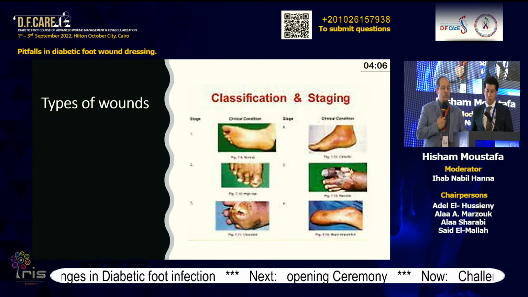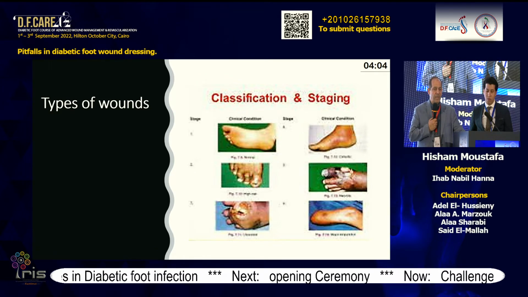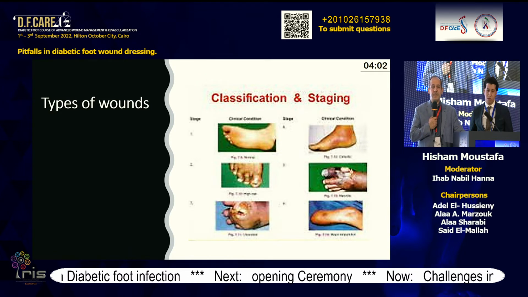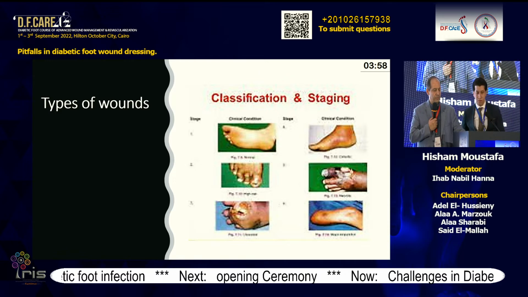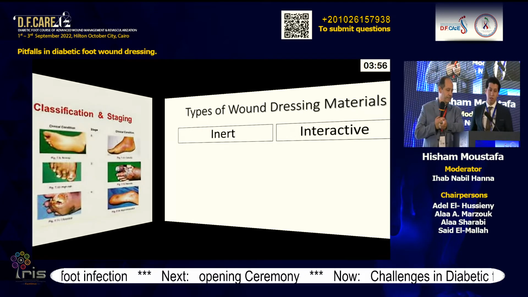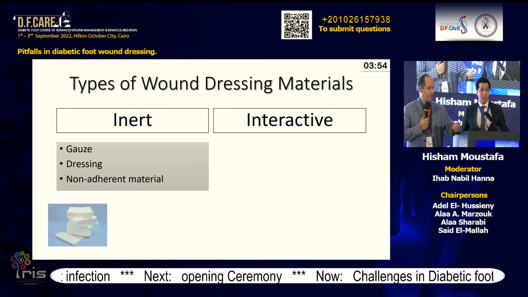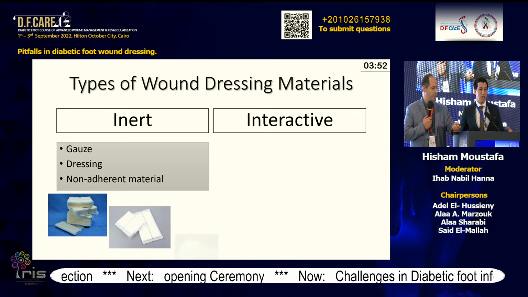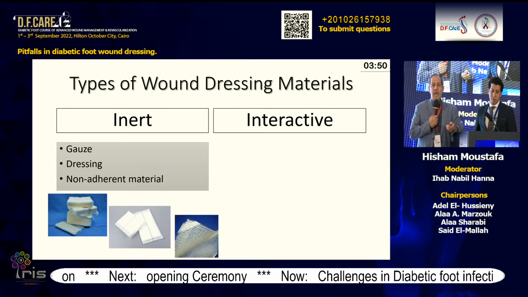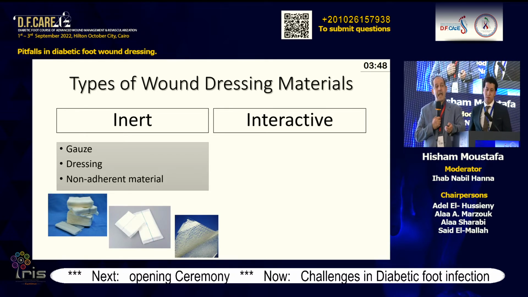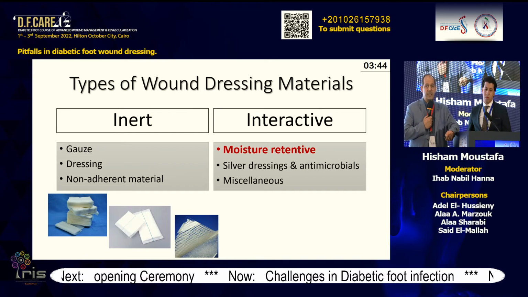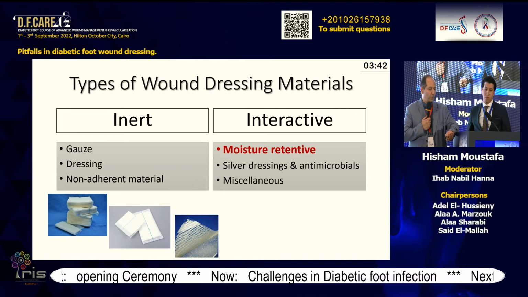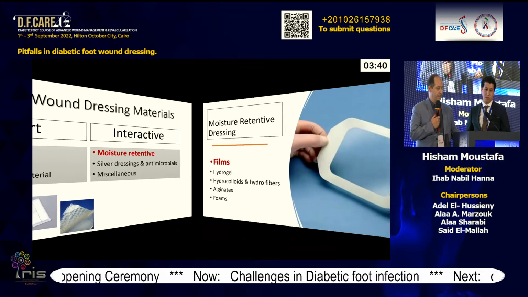We can classify dressing materials into inert and interactive. The inert materials are like gauze dressing and non-adherent materials. And we can classify the interactive dressing materials into moisture retentive dressings, silver and antimicrobial dressings, and miscellaneous.